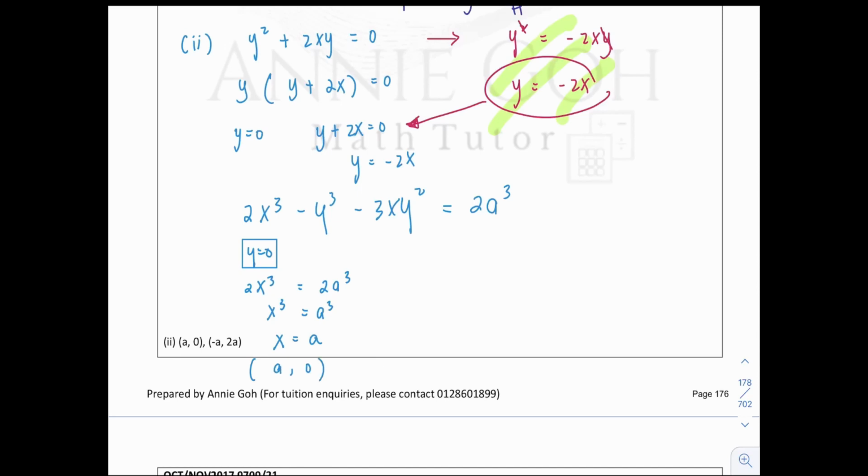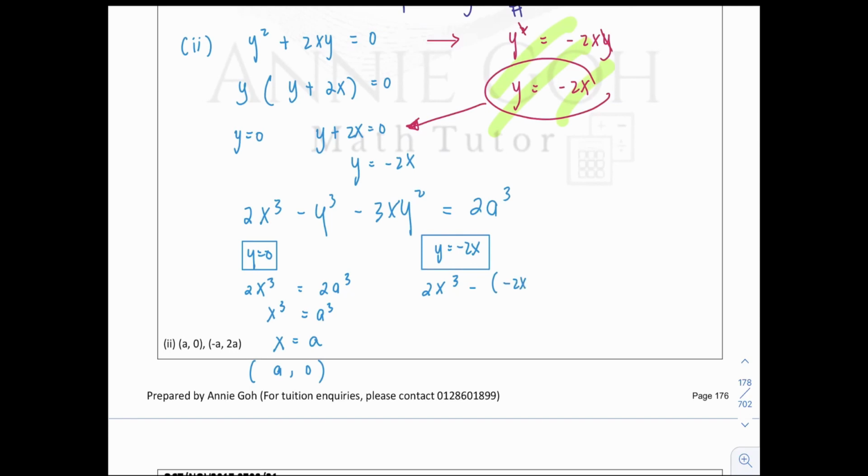While for the other solution, by substituting y equals to negative 2x into the original equation, then we will have 2x cubed minus (negative 2x) cubed minus 3x, and substitute the (negative 2x) squared, equals to 2a cubed.